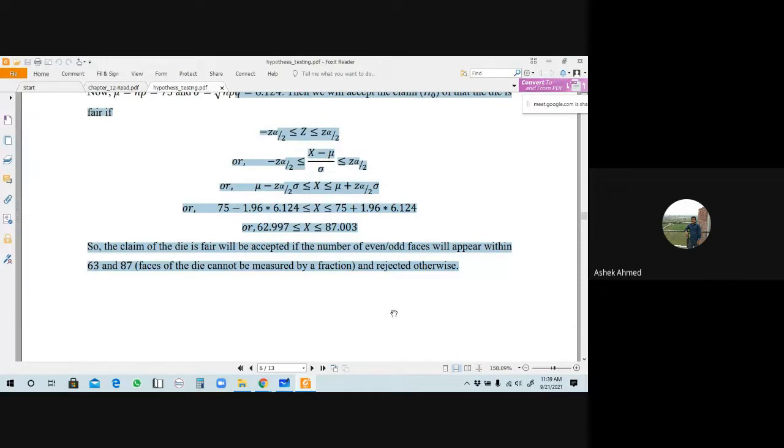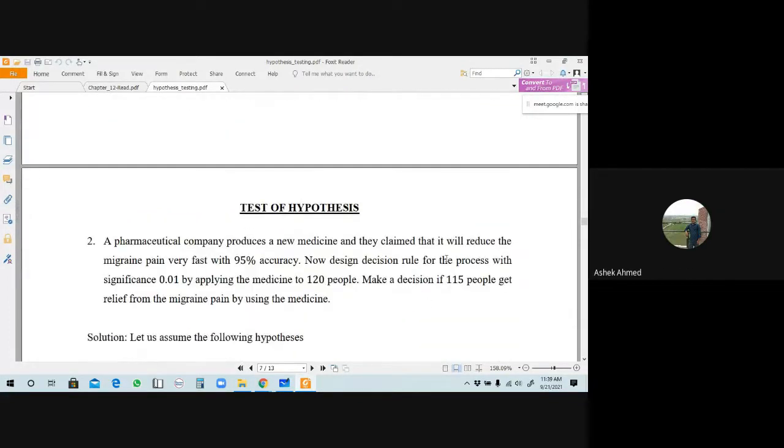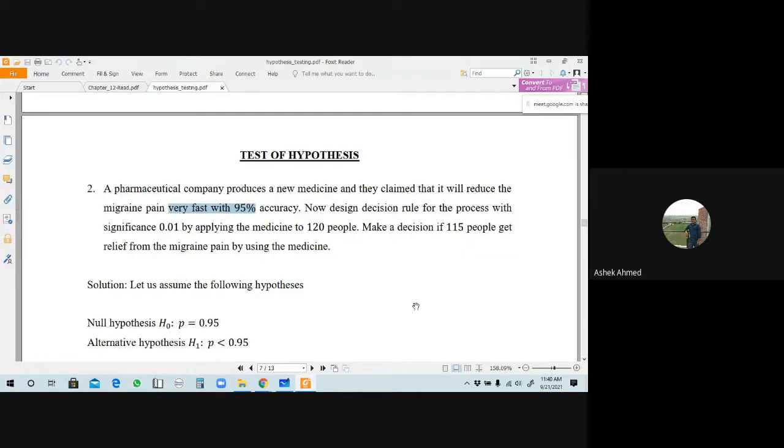Response me. Yes, sir. Now we will see the next example here. A pharmaceutical company produces a new medicine and they claim that it will reduce the migraine pain very fast with 95% accuracy.